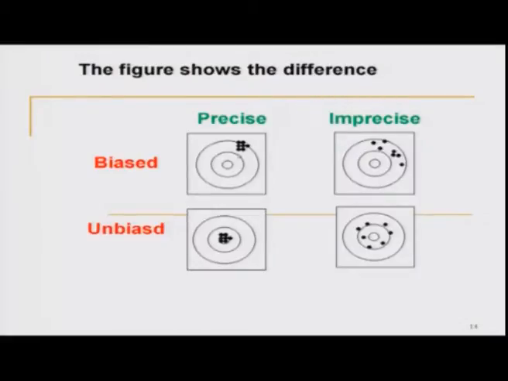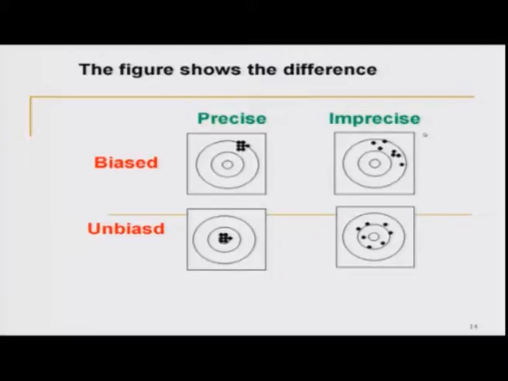Like you see here, these two are precise samples, these are imprecise. The property of precision is that results obtained from different samples are similar. In one case they are all concentrated here, in another case they are concentrated here around the truth. Here they are far from truth, they are biased; here they are unbiased.